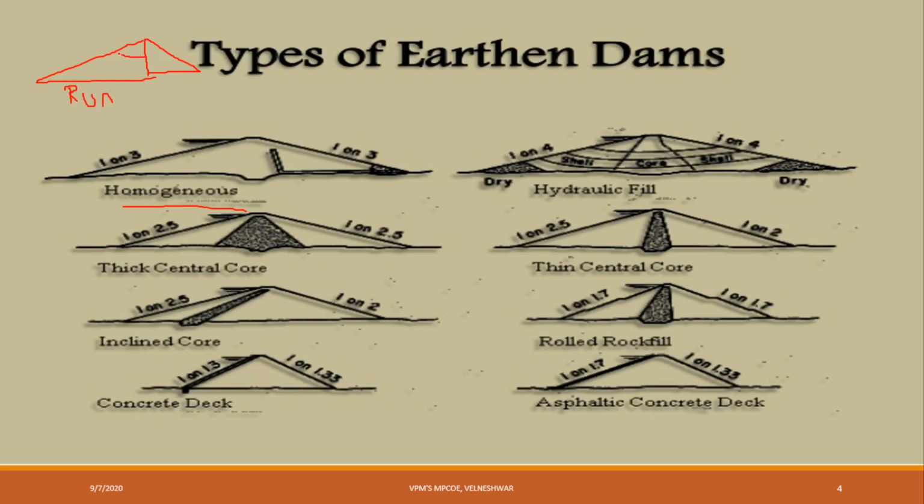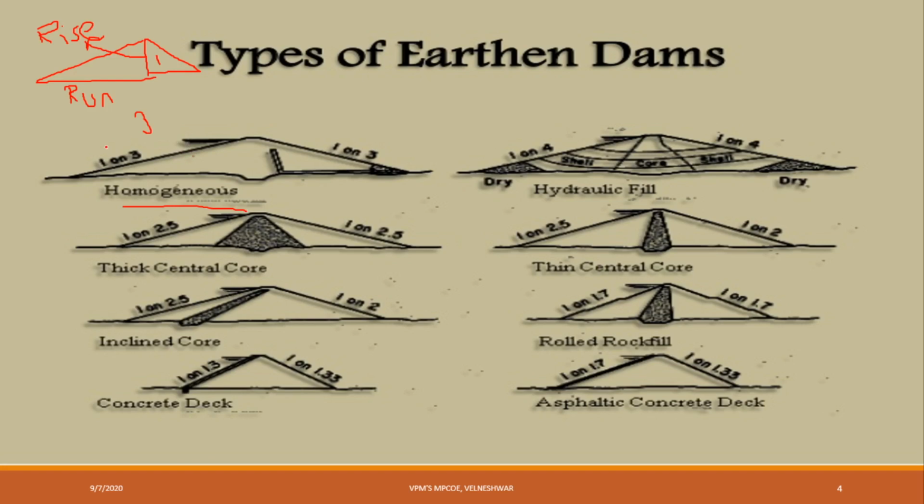And this portion is nothing but rise. Now this rise will be 1, and run is nothing but 3. Generally there won't be a unit here, just 3. Now how do we make percentages?